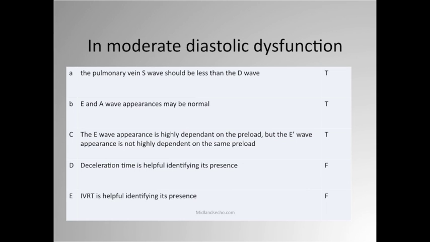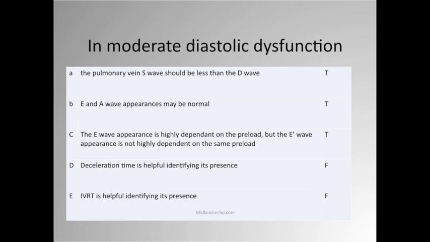E and A wave appearances may be normal, that's true, that's pseudonormalization. The E wave appearance is highly dependent on preload, but the E prime wave appearance is not highly dependent on the same preload. That's true. Preload in this case is left atrial pressure, which has a big effect on how the E wave appears, but almost zero effect on the E prime wave, because you're talking about different loads affecting how the left ventricle moves.